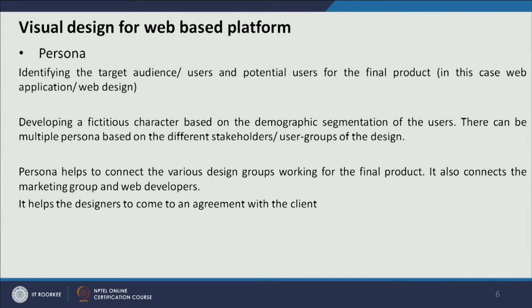It also helps the designers, the marketing group and the developers group to communicate with the client. There can be a different client for the website. For example, for an e-commerce website, the client will be the owner of the e-commerce site, and the designers will be different.